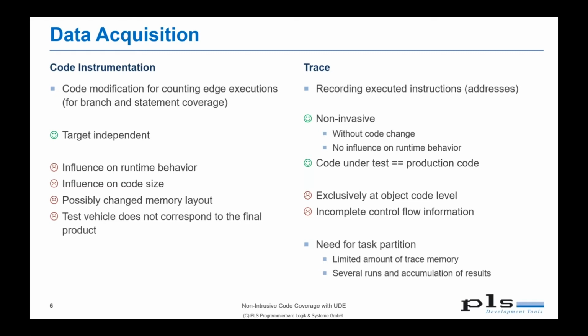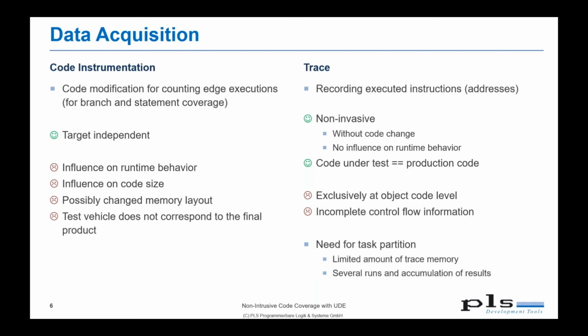It has to be added here that due to the limited amount of trace memory, either on the target hardware, if you have an on-chip trace memory, or inside the tool, this limited amount of memory is the reason for the need of partitioning of the measurement for the code coverage, and also partitioning your test cases or your test runs.